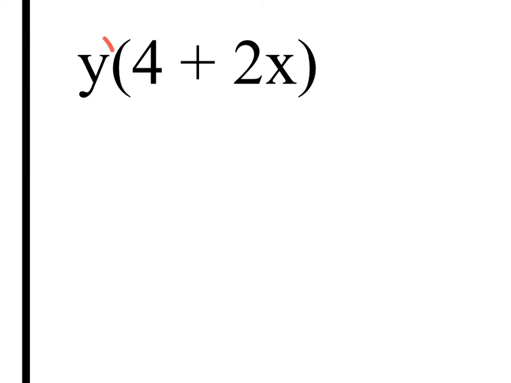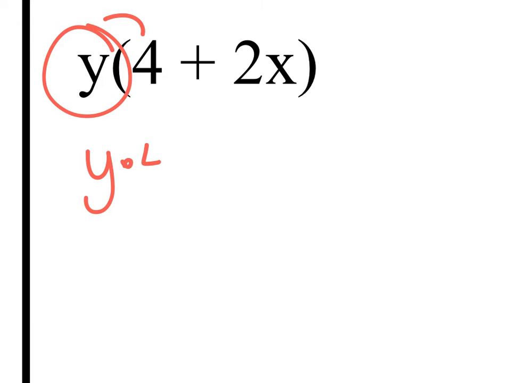Moving on, I've got y, and then I'm distributing y to 4 and to +2x. So I'm going to do y times 4. I'm double dipping because I have 2 terms, so I'm doing y times 2x.